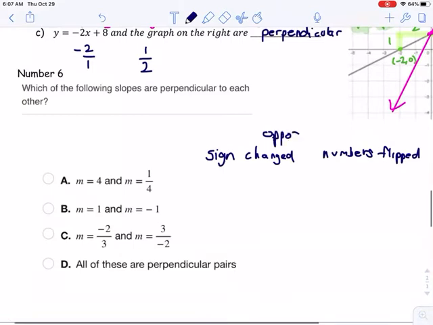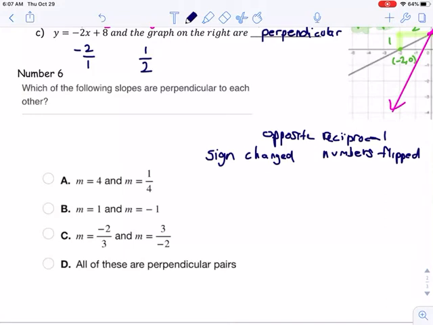That's the math way. Opposite reciprocal means sign change, numbers flipped. All right. So let's see.